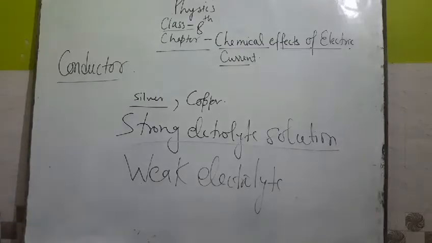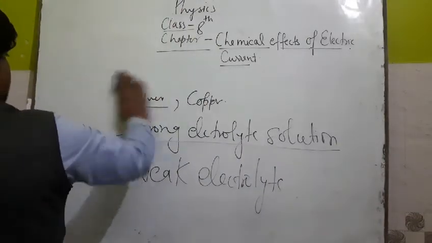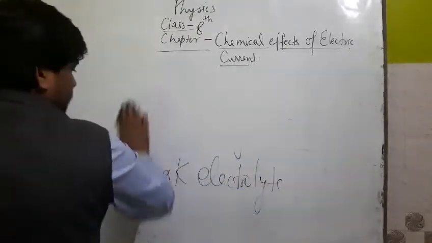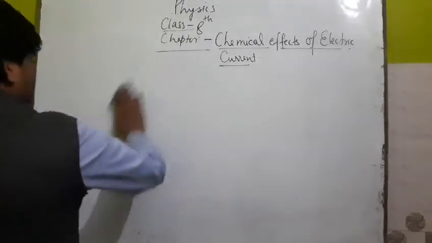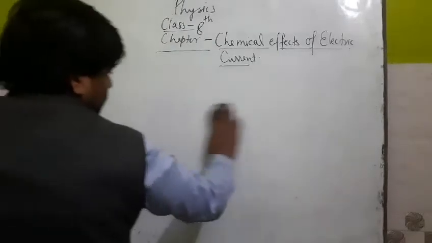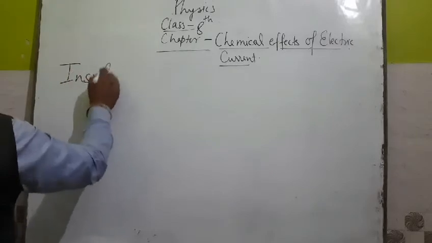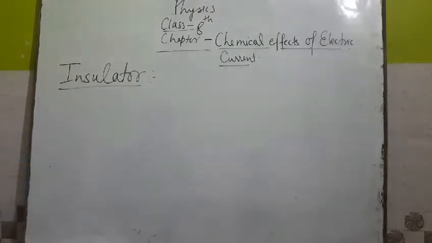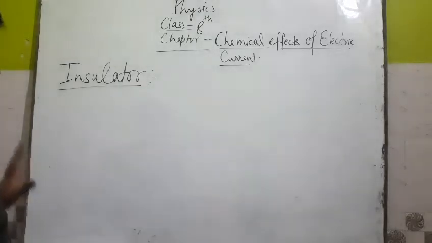After that we will discuss insulators. Okay, now let's see here. What is an insulator? An insulator is a material which does not allow current. ऐसा material जो current को allow नहीं करता है, that is an insulator.